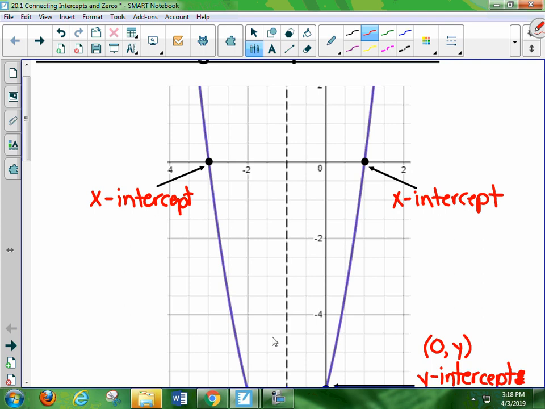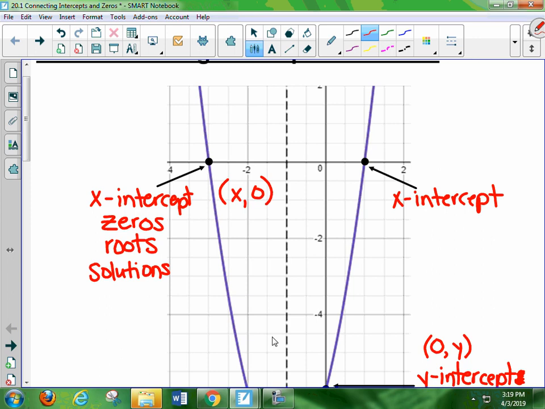But like I just mentioned, they also have special names. And in this case, their other names that you will hear them referred to are the zeros, the roots, or the solutions. Okay. So in this case, because it's an x-intercept, it will be always x comma 0.